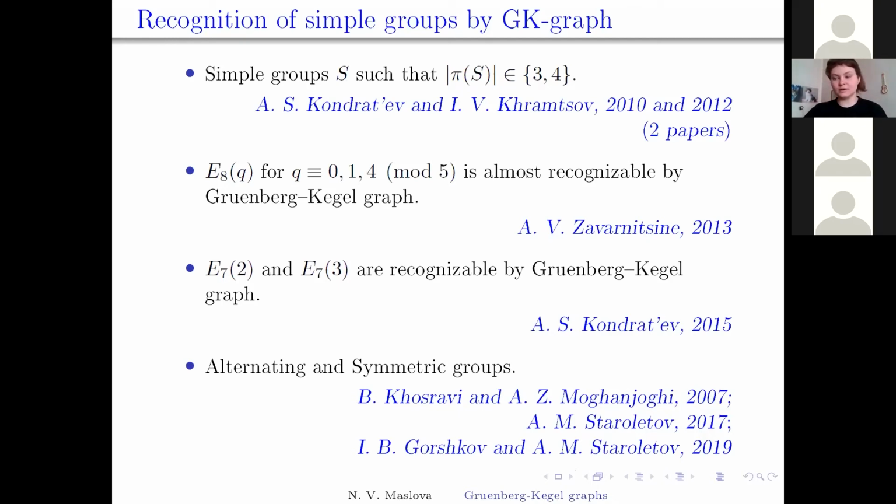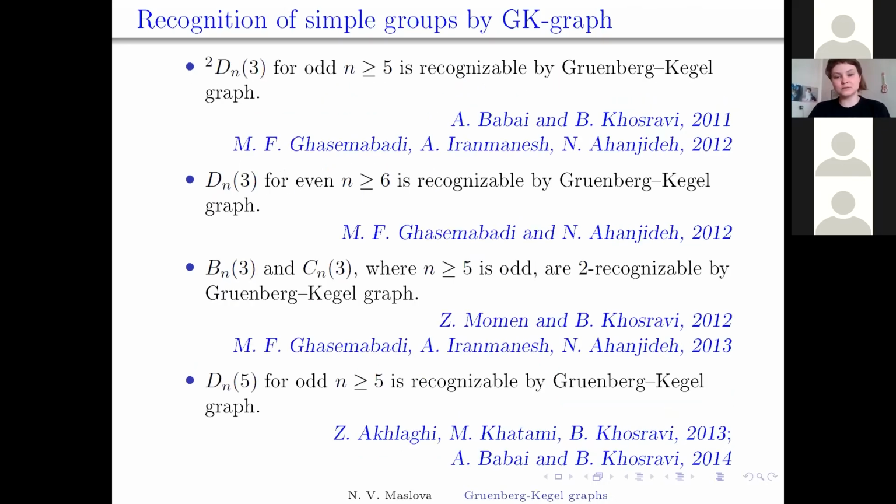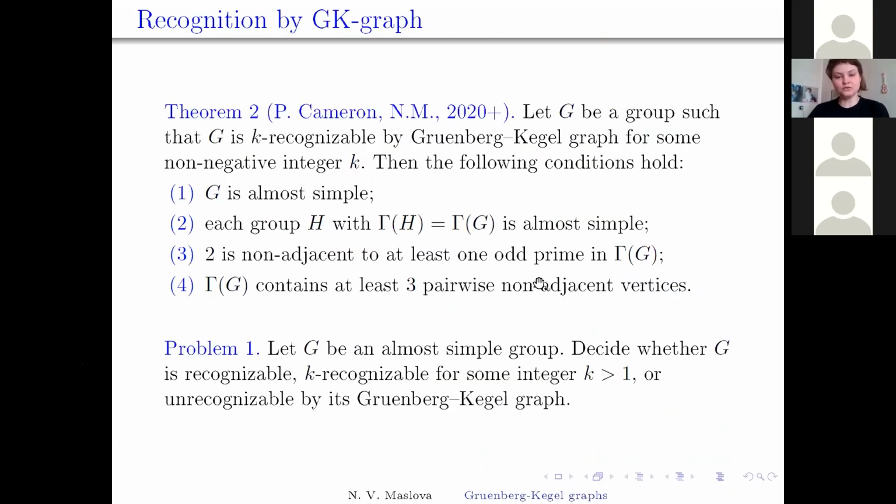So here I provide just a very brief survey of this research area. There are some partial results for other series of finite groups. However, I don't think that there are really many results, and the solution of Problem 1 is very far from complete.